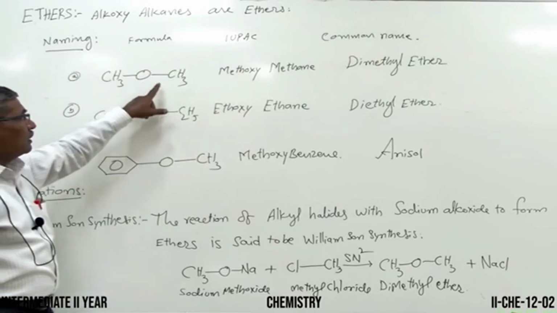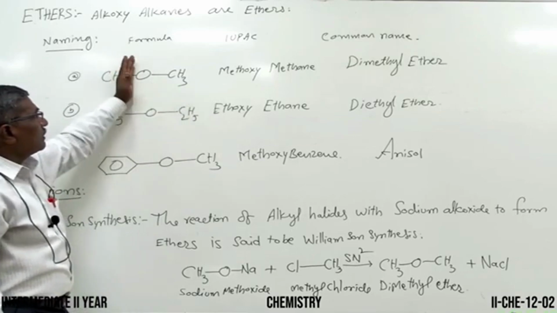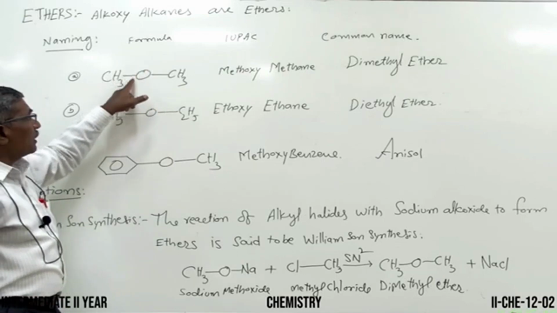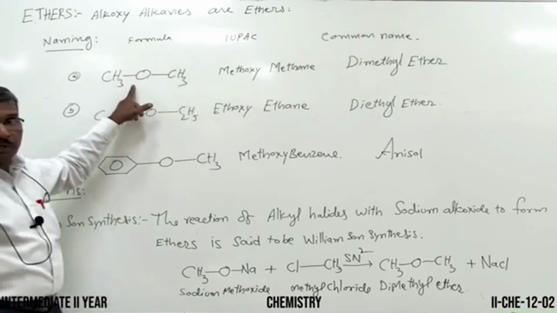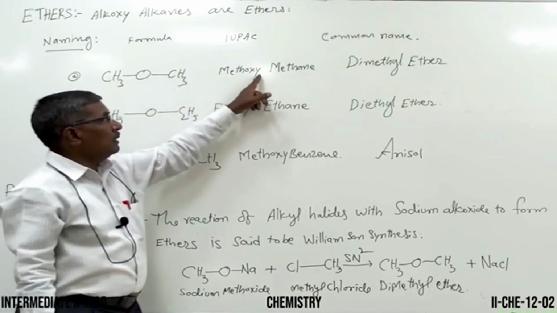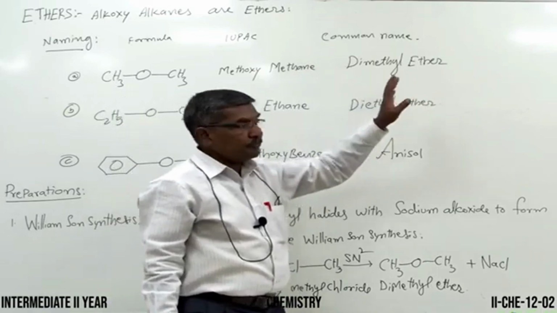The first one: this part is methoxy, on a methane. In the place of one of the hydrogens, we substituted methoxy. Methoxymethane. Common name, dimethyl ether.